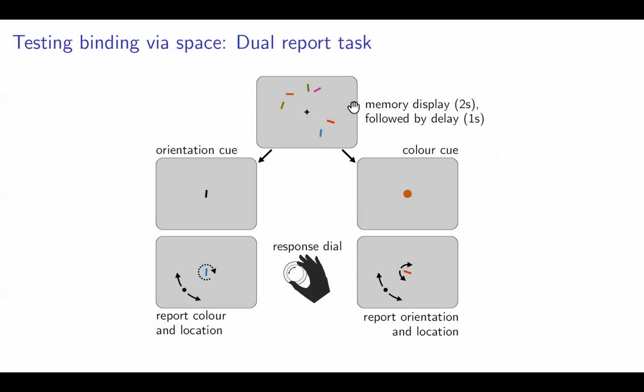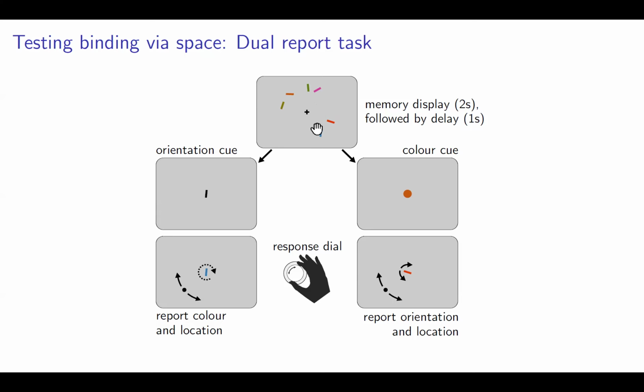So participants viewed a visual display with multiple stimuli, each of them a colored and oriented bar, and they had to memorize all the colors and orientations of these individual bars.